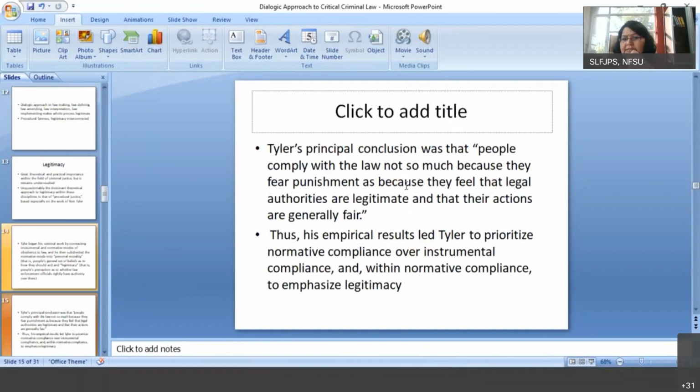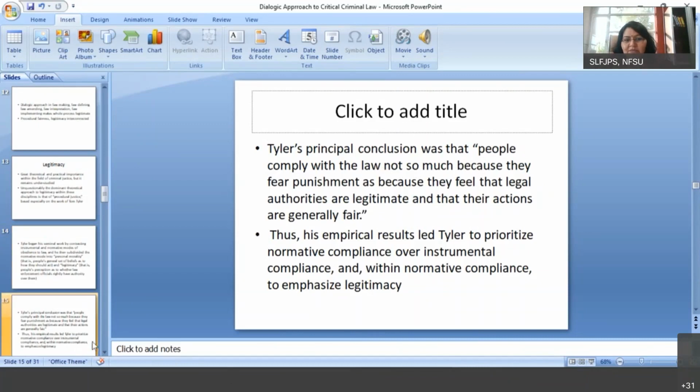So he says that people comply with the law not so much because they fear the punishment, but because they feel that the legal authorities are legitimate and their actions are generally fair. That perception, that belief, that presupposition is very vital in order to decide the legitimacy of law.